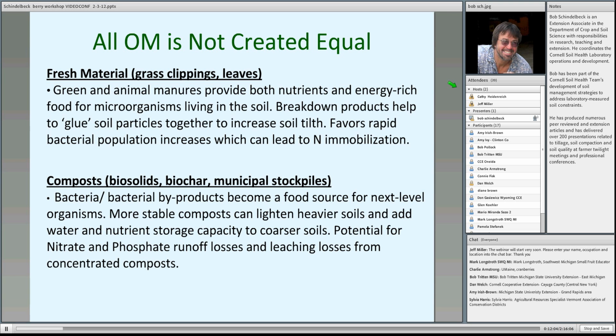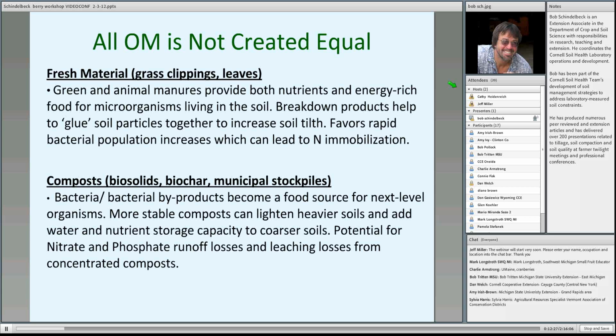When we produce a compost, of course, a lot of these early processes, nitrogen immobilization, for example, is taking place in the pile, which of course we can manage to produce a net final product compost. But the idea is we're producing something where these early processes have already taken place.